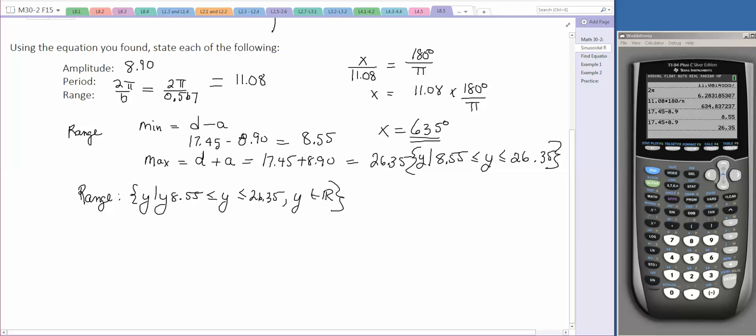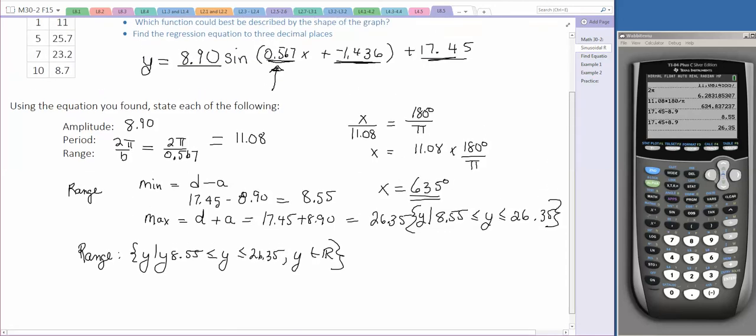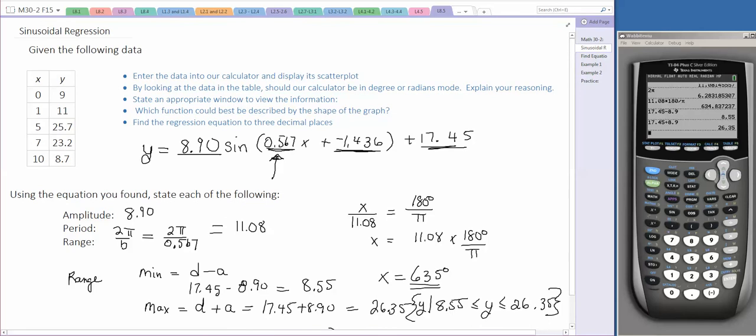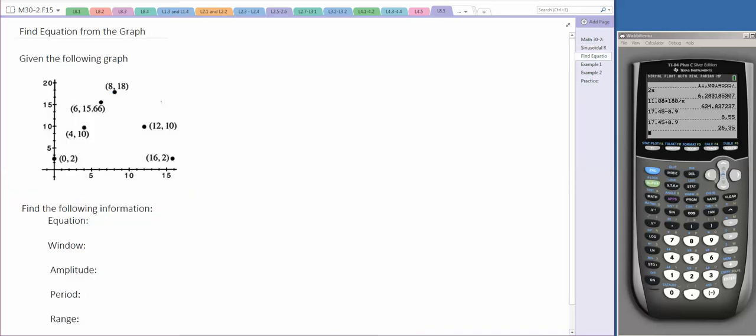So that is our example on using the sinusoidal regression. And I said to 3 decimal places here. I didn't do that with my A and my D, but certainly with the B and the C we would do that. Let's now go to finding the equation given our graph.